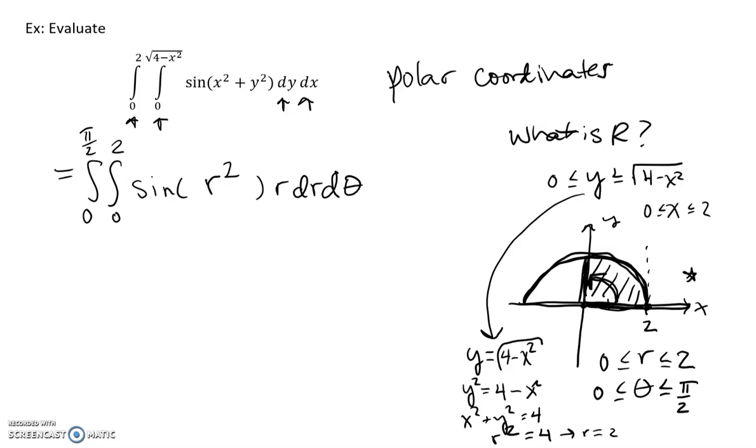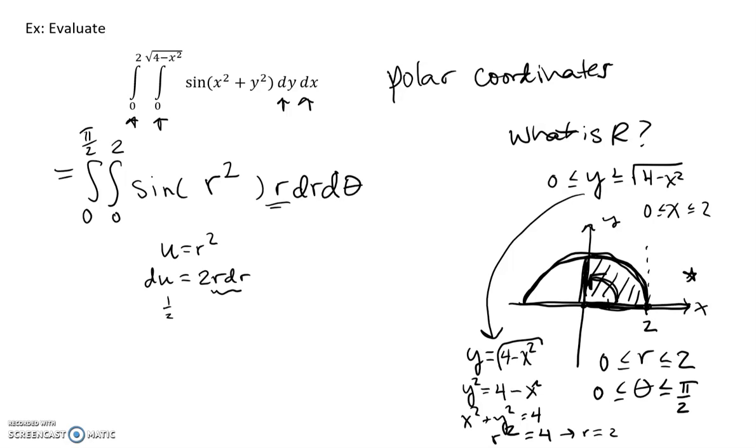Luckily now when we take a look at this, notice again we see the composition of functions, right? We have sine of r squared, so there's a function inside of sine. So when we think about that u substitution, now we'll have u equals r squared, and then thankfully du is 2r dr, and we do have r dr now because we had to add in that r here.